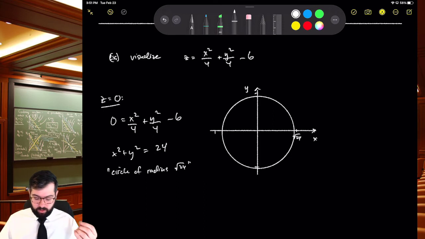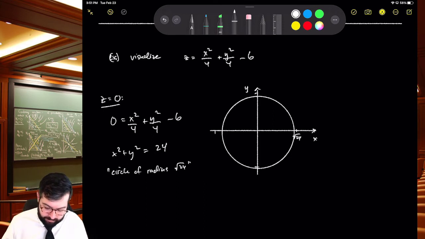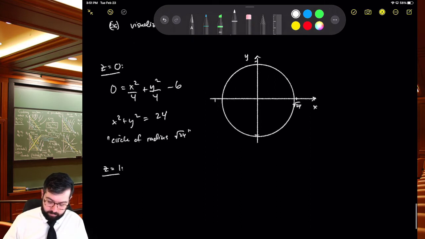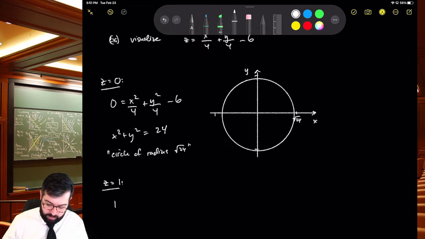So a circular cross section, and if I let z scale up, let's say I just let it be 1, then the same thing would happen.